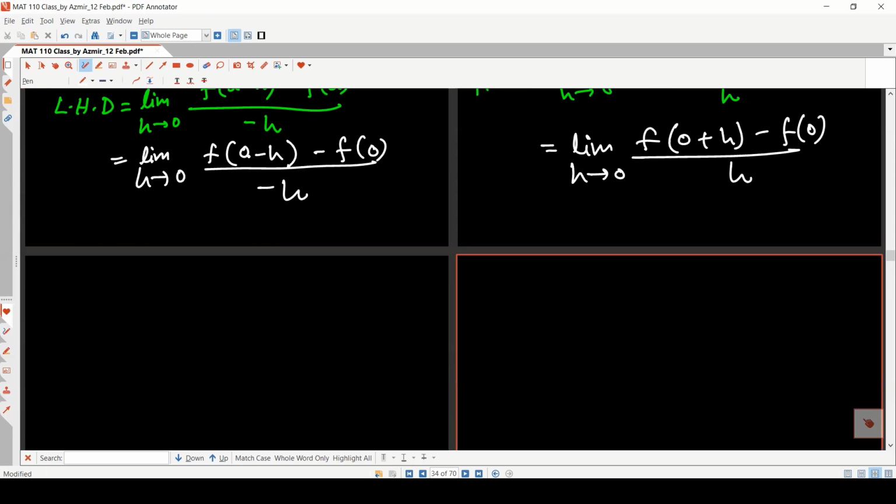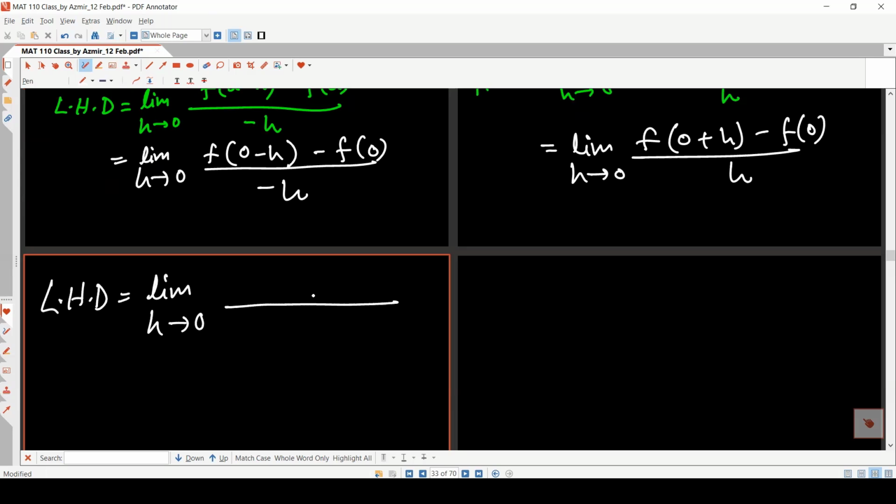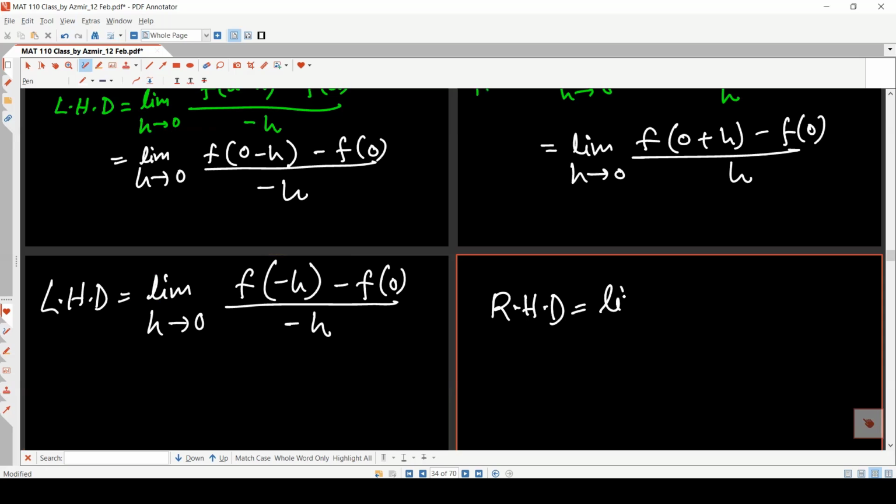Let me write in a simplified form. F of 0 minus h means f of minus h, then minus f of 0 divided by minus h. Right hand derivative, limit h tends to 0, function of 0 plus h means function of h only, minus f of 0 divided by h.